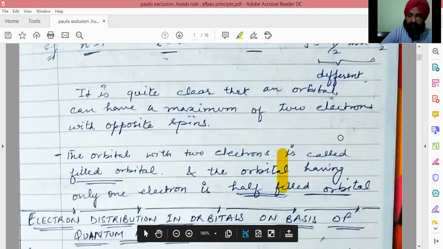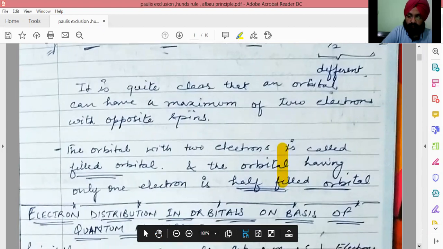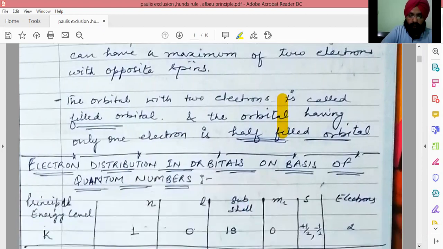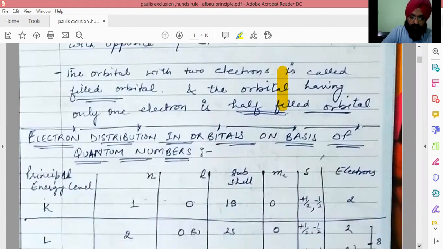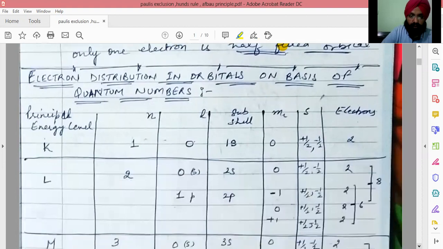Now next is distribution of electrons on the basis of quantum numbers. First of all, we will discuss the distribution of electrons in orbitals.